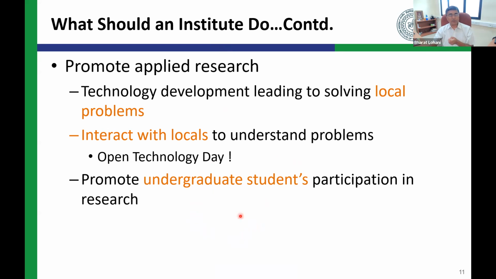Again, I will cite the example of IIT Kanpur. We have recently started a policy where we permit students to take off from their usual academic load. In any semester, students register for, say, 60 or 70 credits, which means 5 or 6 courses that they have to do.